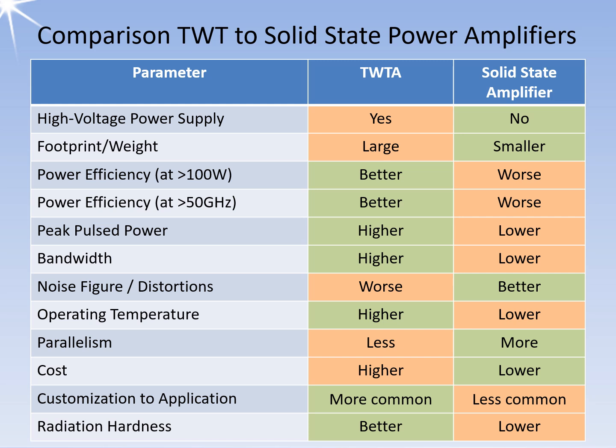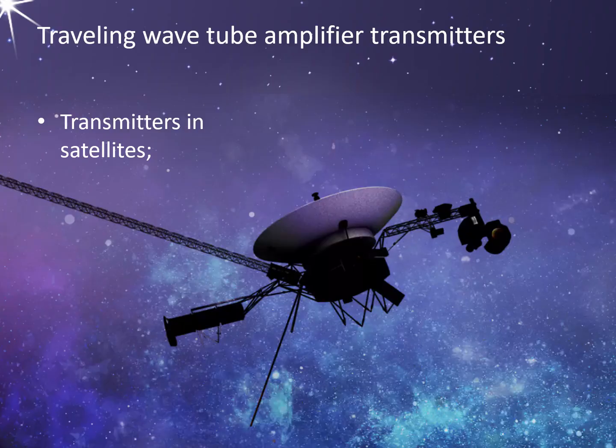Electron tubes are generally unaffected by strong cosmic radiation. Semiconductors can lose their properties depending on the level of radiation exposure. A traveling wave tube amplifier whose output drives an antenna is a type of transmitter. They are commonly used as amplifiers in satellite transponders, where the input signal is weak, and the output needs to be high power.